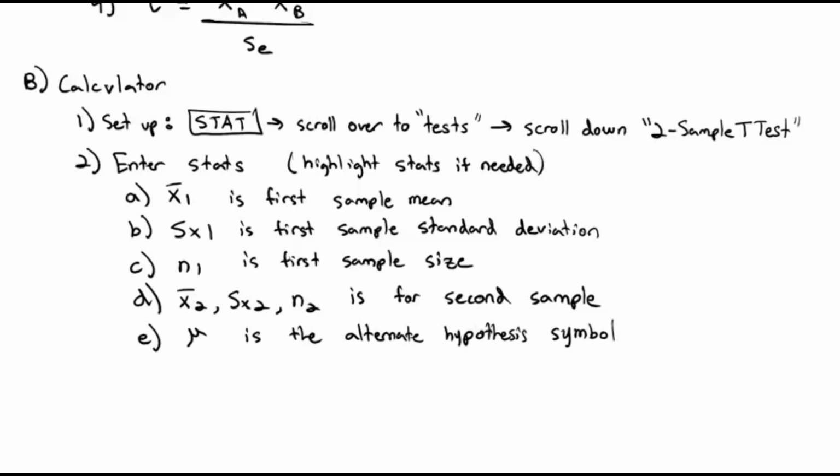We need to tell the calculator, is this a one-tail test or a two-tail test, and which direction it is. And finally, the last thing the calculator will ask us for is if we have pooled data, and for our purposes, the answer is always going to be no. We are not pooling the data.